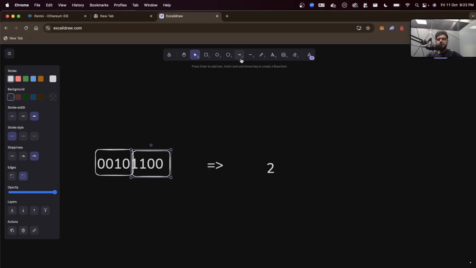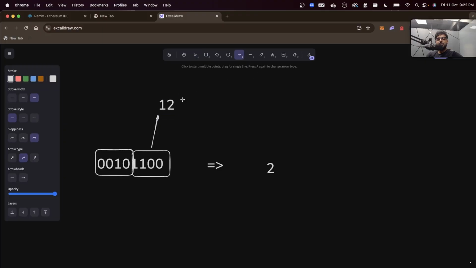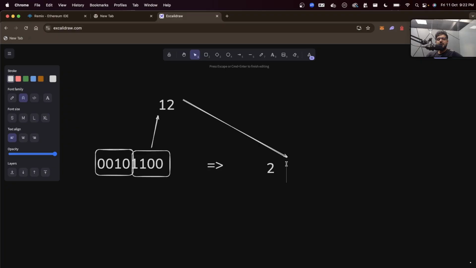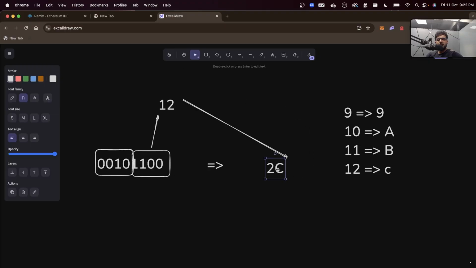What is 1100 when converted to decimal? It is 4 plus 8, 12. What does 12 look like in hexadecimal? 9 is 9, 10 is A, 11 is B, 12 is C. So the hexadecimal representation of 0010 1100 is 2C.